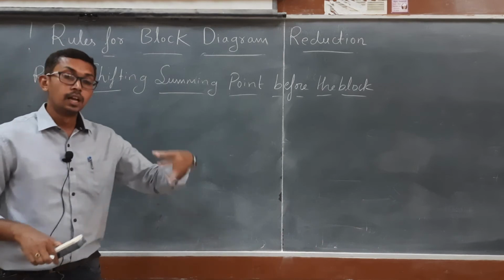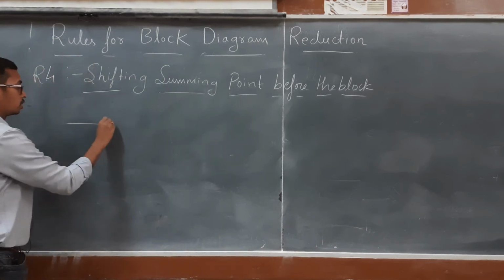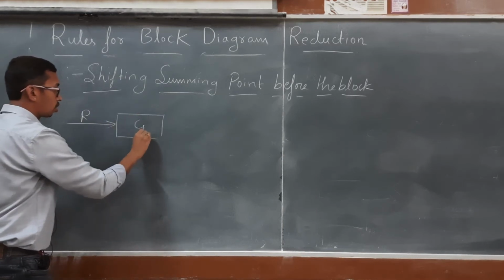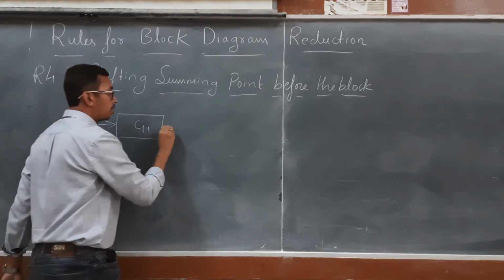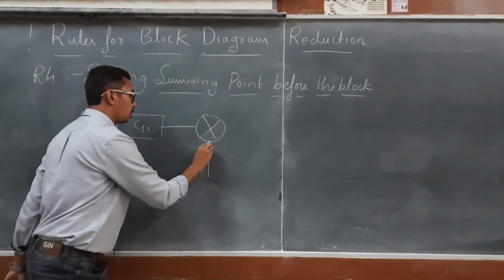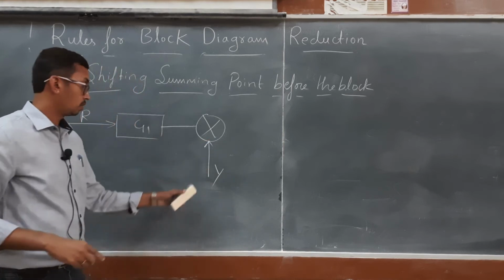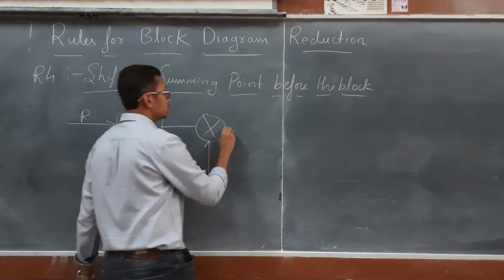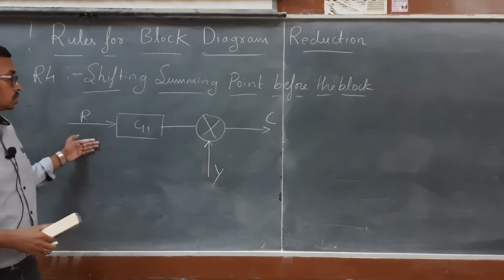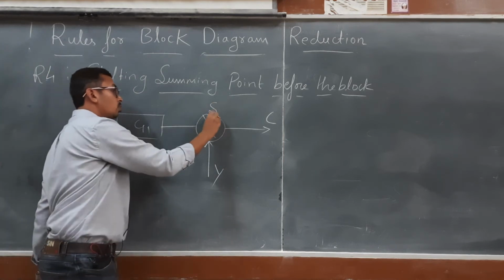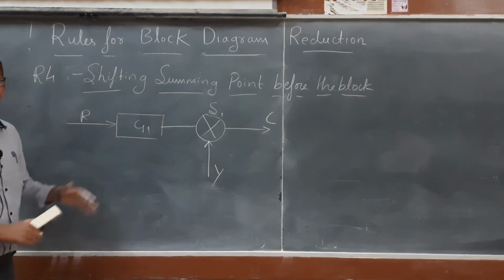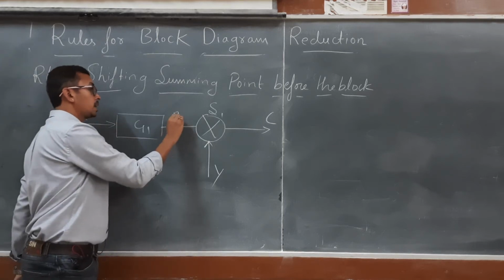So what is the meaning? I will consider the situation. I have one input, R, and I have a block G1, and I have one summing point. Y is the given input to the summing point, and the output I am going to get is C. The input signal R is the input to G1, so the output from this block will be R into G1.